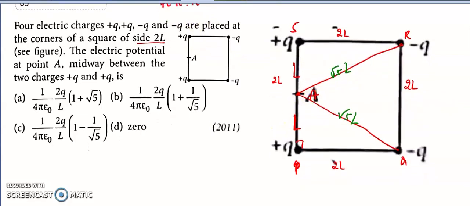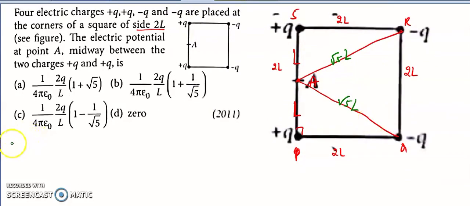So now it is easy to calculate the potential at A. The potential at A is equal to the potential due to this one, 1 by 4 pi epsilon naught Q divided by L, plus this one, 1 by 4 pi epsilon naught, with a minus symbol. Why minus? Because a minus charge is here. So minus Q divided by this distance, root 5L.